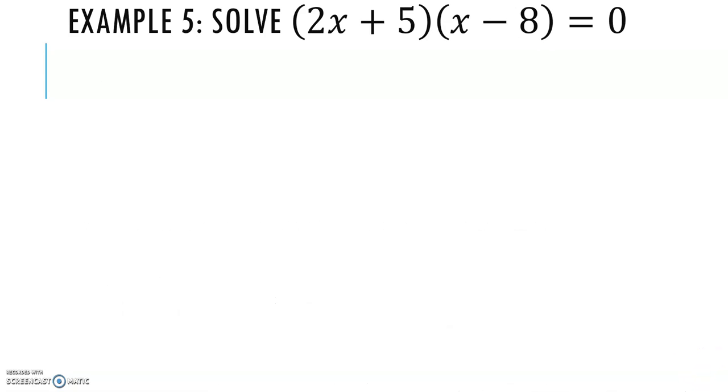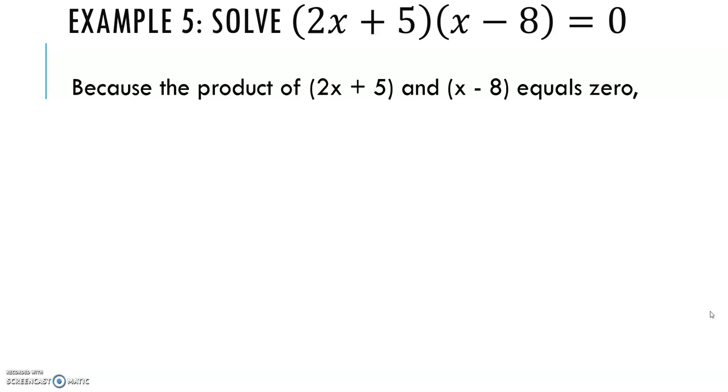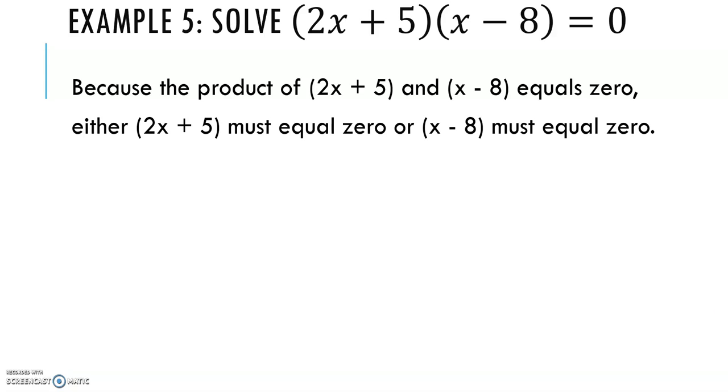Example 5. Solve 2x plus 5 times x minus 8 equals 0. Because the product of 2x plus 5 and x minus 8 equals 0, either 2x plus 5 must equal 0 or x minus 8 must equal 0. If we take a look at 2x plus 5 equals 0, subtract 5 from both sides, 2x equals negative 5.